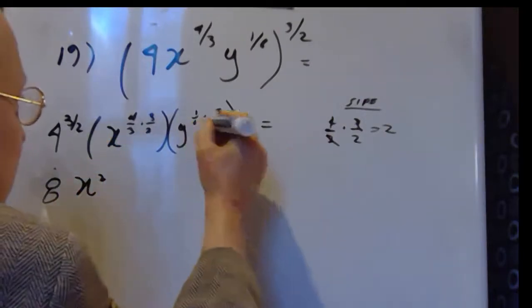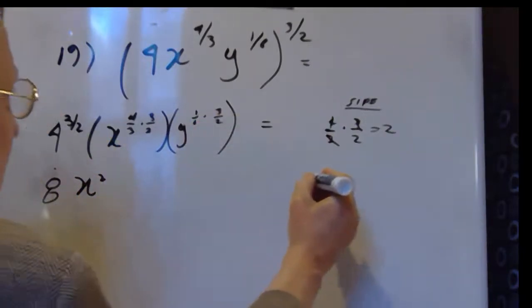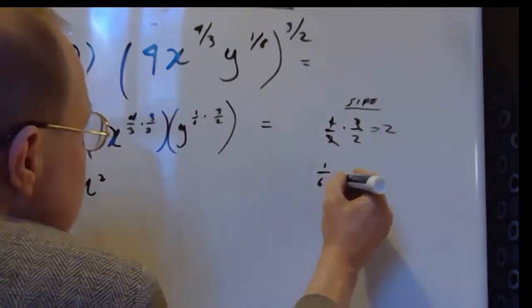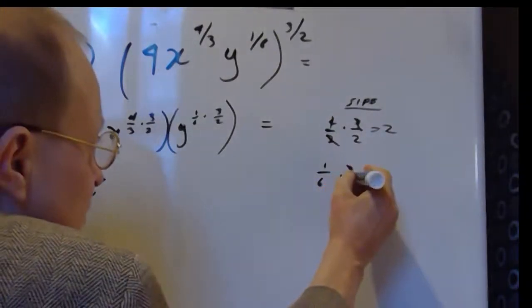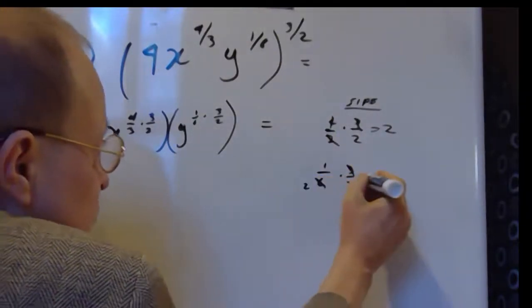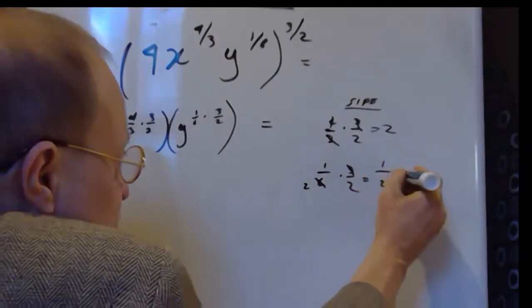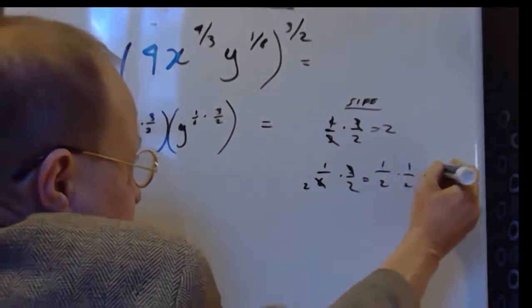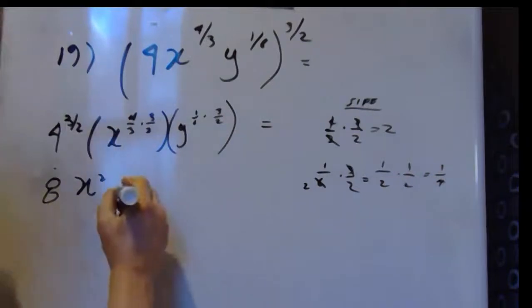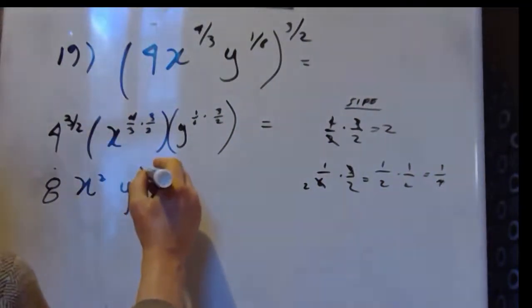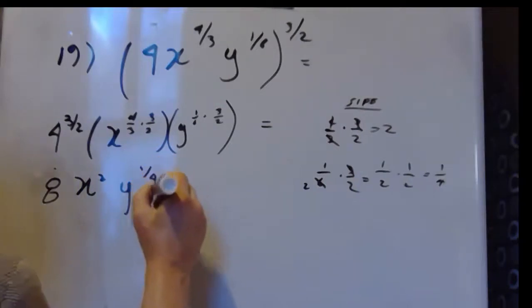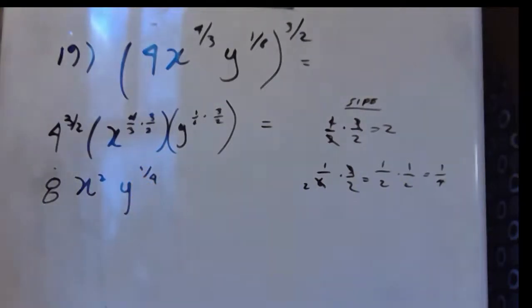And then for this one, we have 1/6 times 3/2. And so that is equal to 1/2 times 1/2, which is equal to 1/4. So that gives us y to the 1/4. And that's our answer.